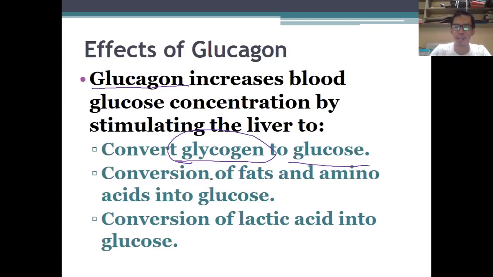Next is the conversion of fats and amino acids into glucose, and also the conversion of lactic acid into glucose. So these are the effects of glucagon, if in case your body has a low level of blood sugar.